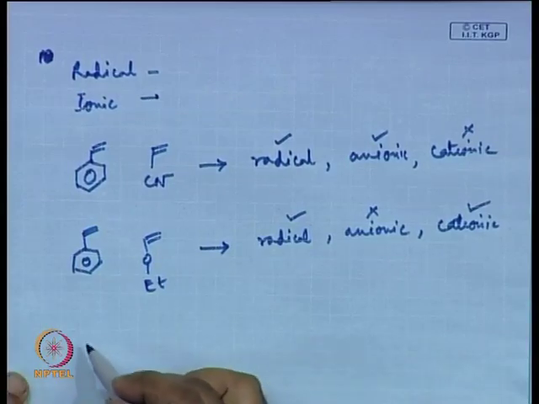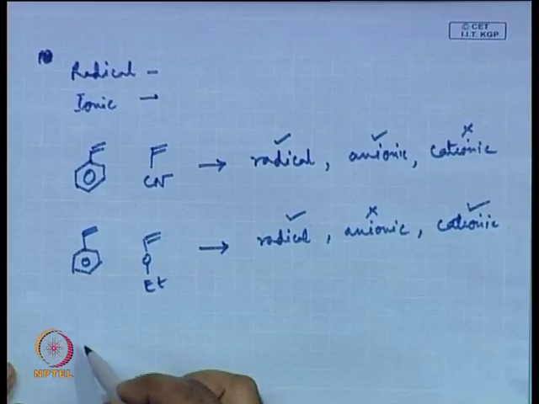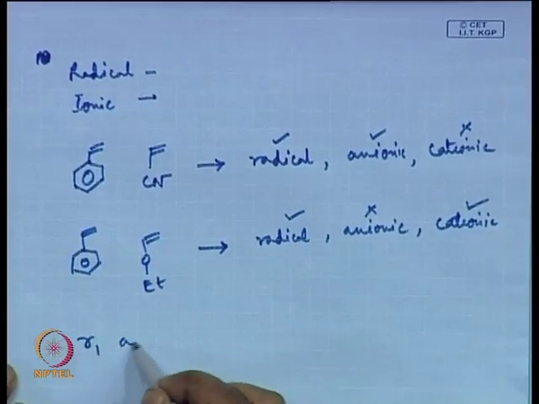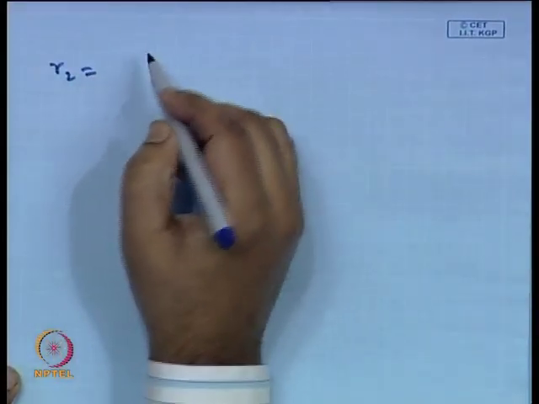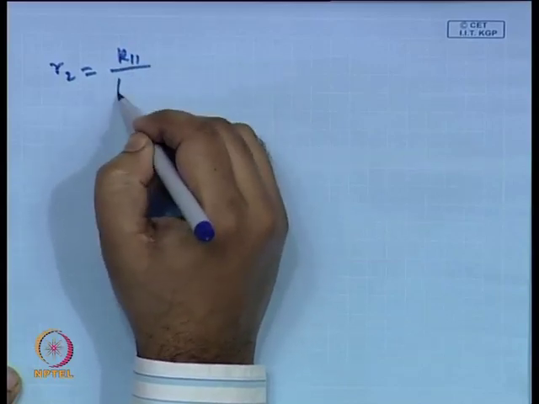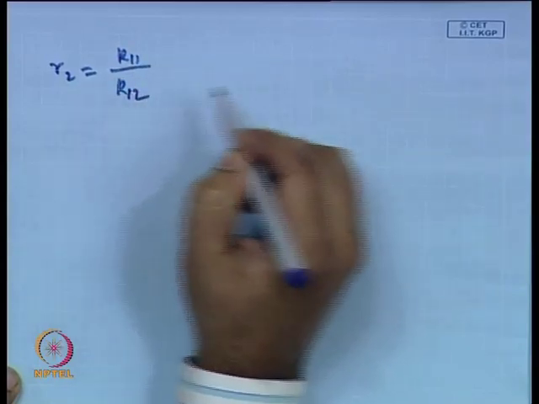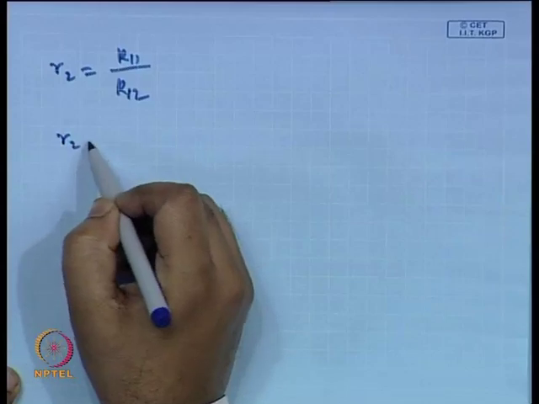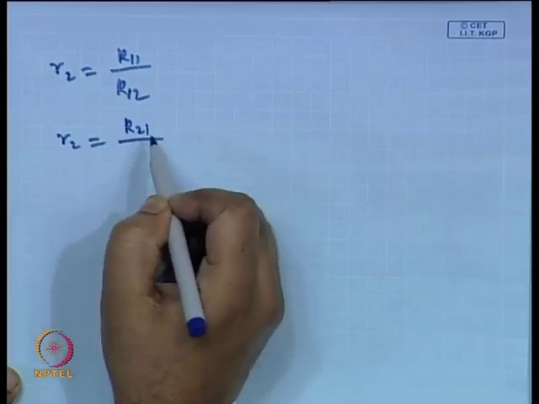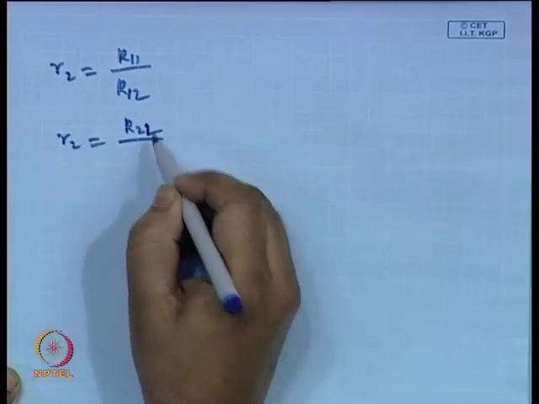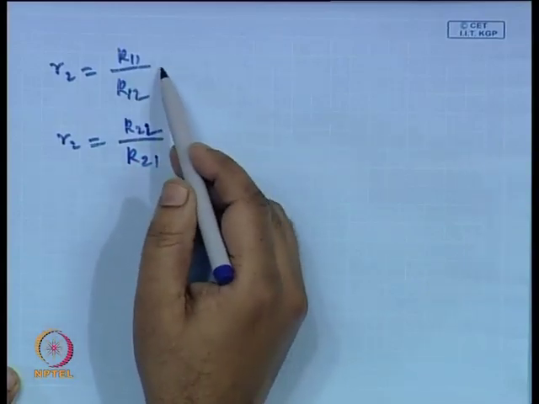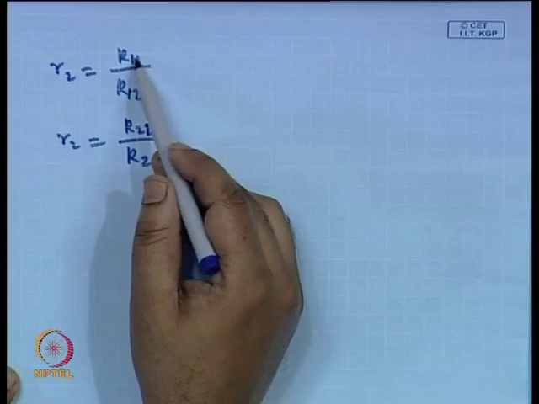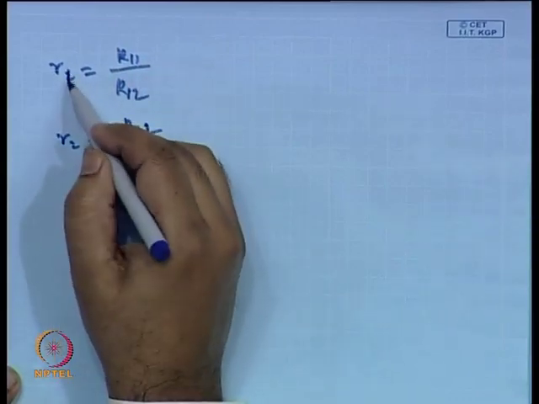Now, let us discuss a little more about r1 and r2. As we defined, r1 is given by k11 by k12 and r2 is given by k22 by k21.